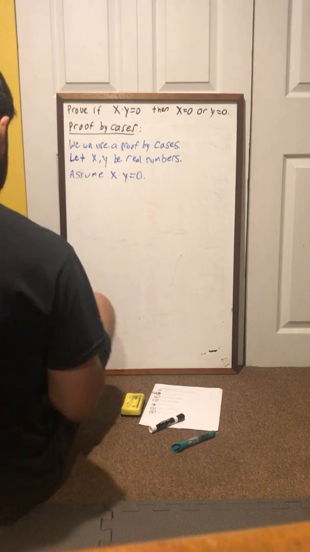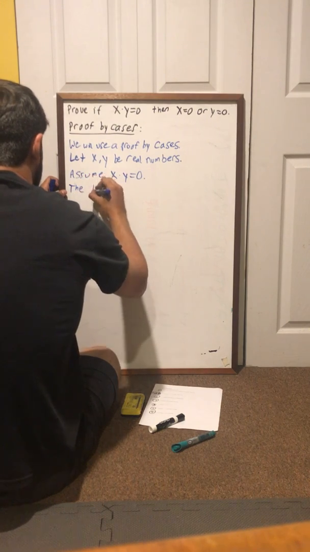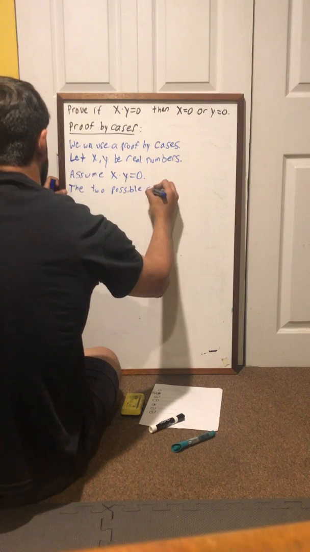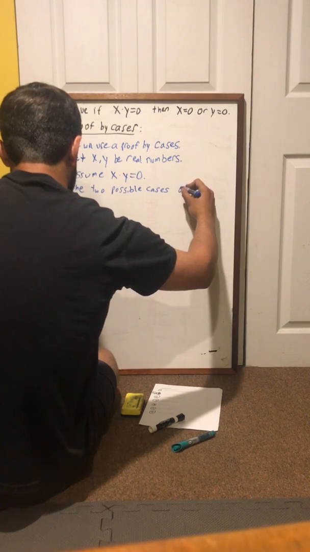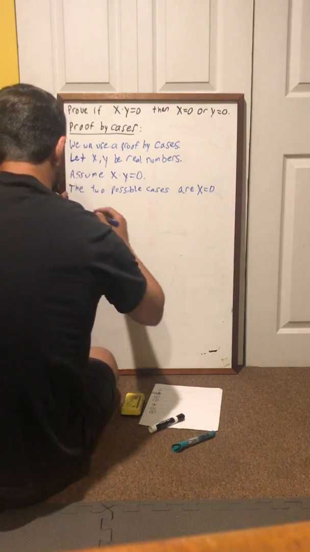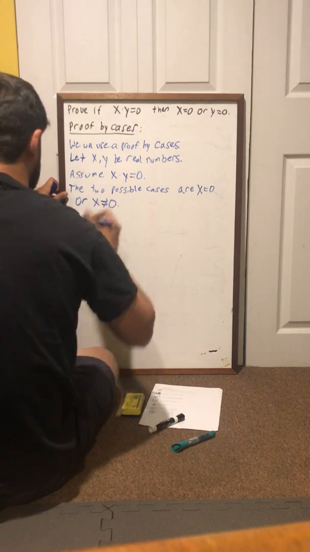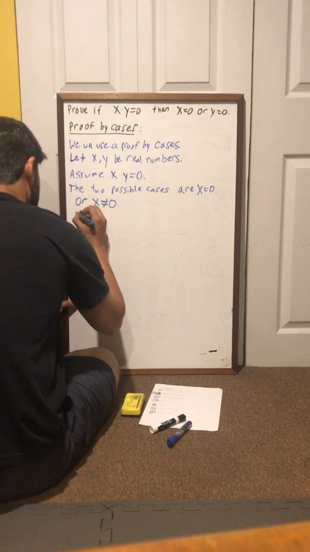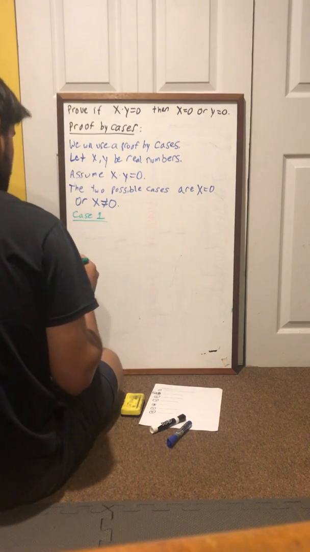Looking at this problem, the two possible cases are x equals 0 or x does not equal 0. So we'll start by going over case 1, which will say x equals 0.